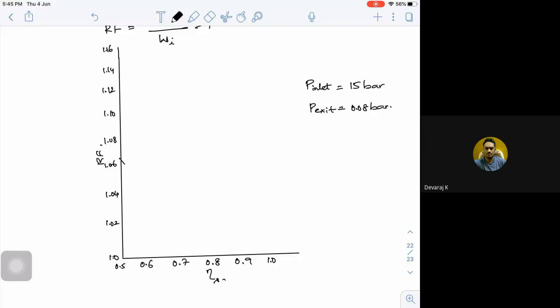This will be the curve if my condition of the steam is simply dry saturated. That is, I'm speaking of at 15 bar.